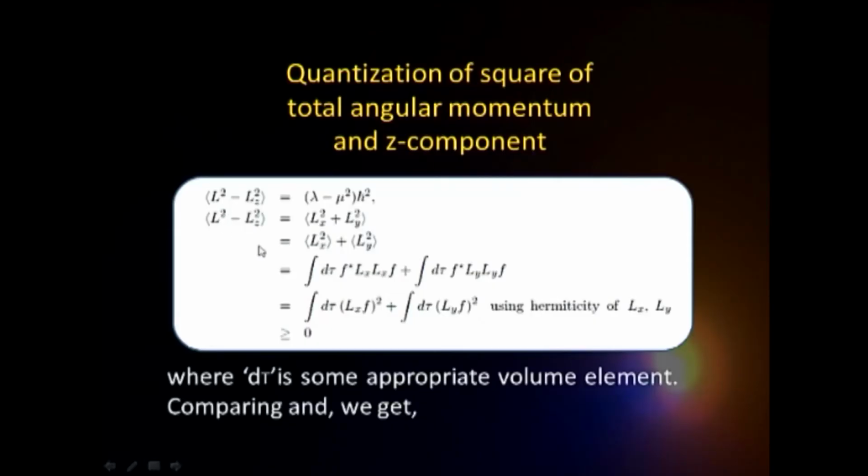We look at L square minus Lz square, and the expression we already know is that these two terms are equal to lambda minus mu square h cross square. We are going to have square terms here, which suggests that we cannot have a value less than 0; the value is always going to be more than 0. That is a simple conclusion we can obtain from this, and depending upon this, the value has to be more than 0.